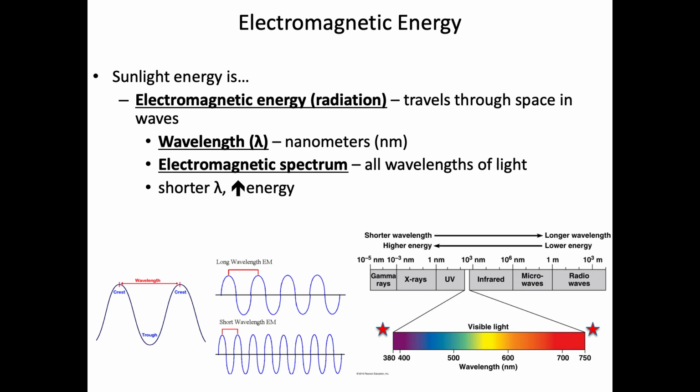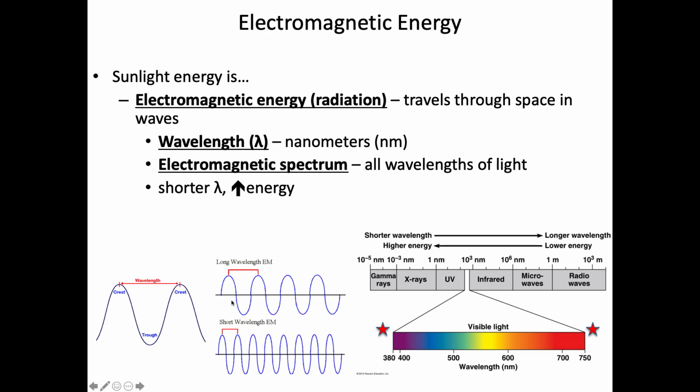So we've heard of electromagnetic energy, but what is it really? Electromagnetic energy, or sometimes radiation, is just the sunlight energy and how it travels through space. It travels in waves, these cycles.